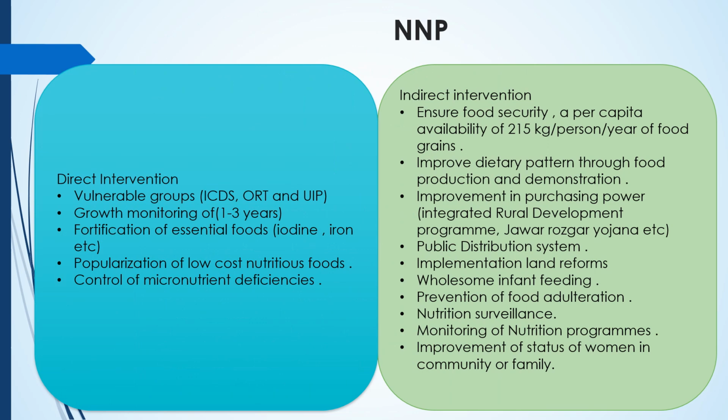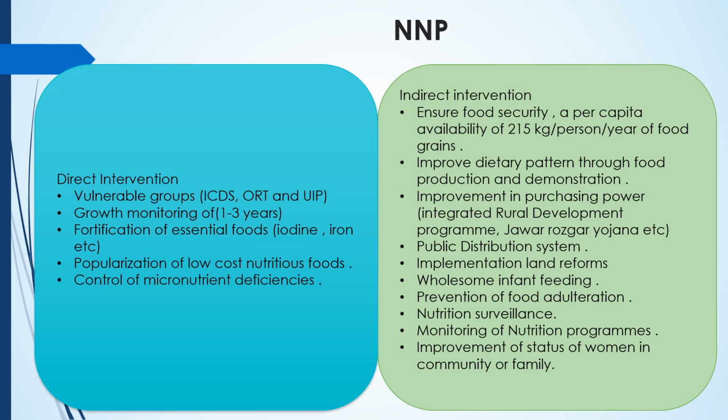Under the National Nutrition Policy, the direct interventions will be for the short term, and the beneficiaries will be the vulnerable groups. Direct interventions include the Integrated Child Development Scheme, ORT, and UIP.